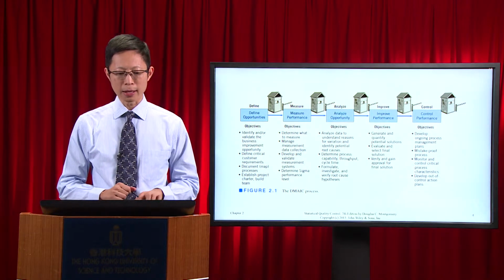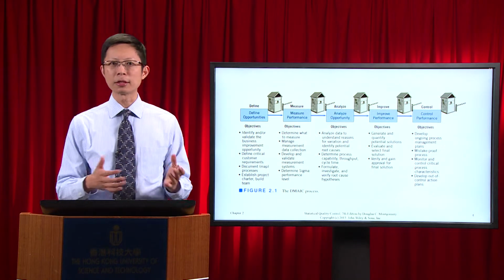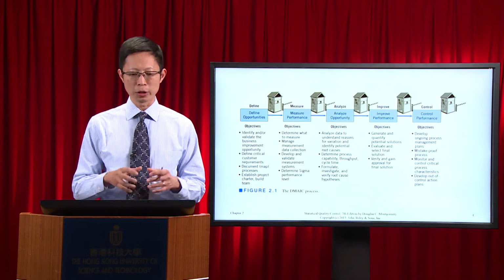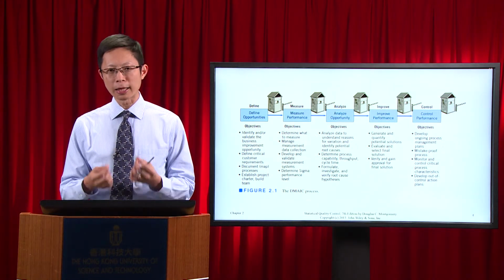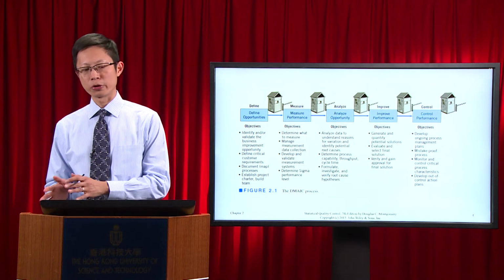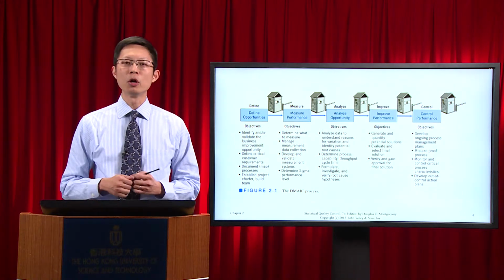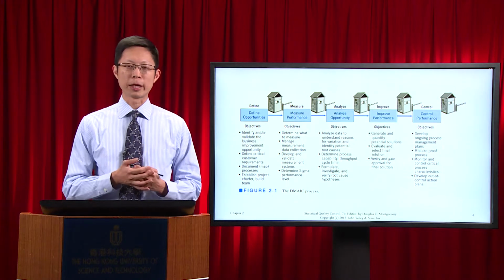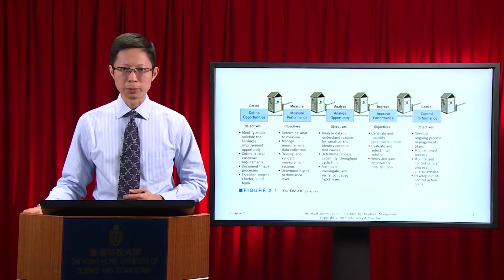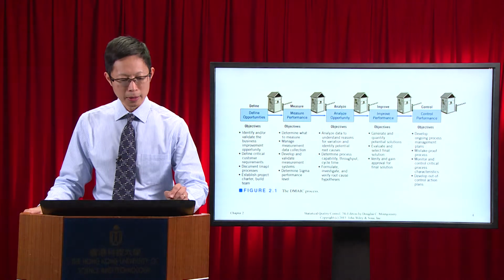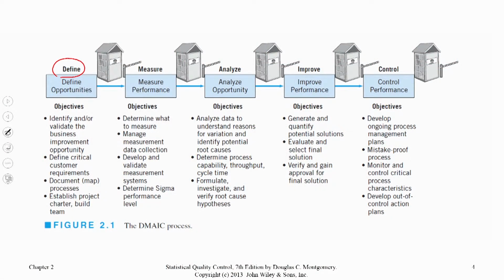You're probably saying that DMAIC sounds like common sense. Everybody needs to define a problem, collect data, analyze, make improvement, and then control it. However, most people, when they do problem solving, don't follow that. Especially in companies, some people define a problem and immediately want to go to analyze.